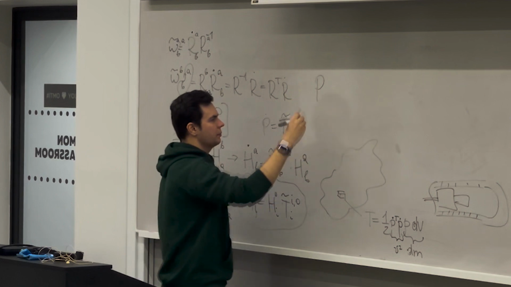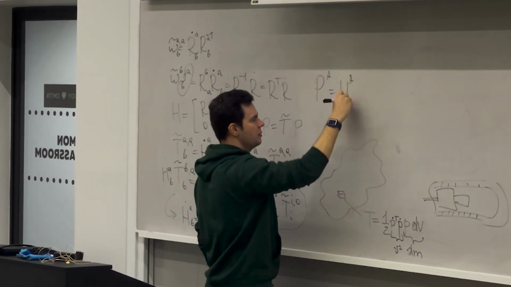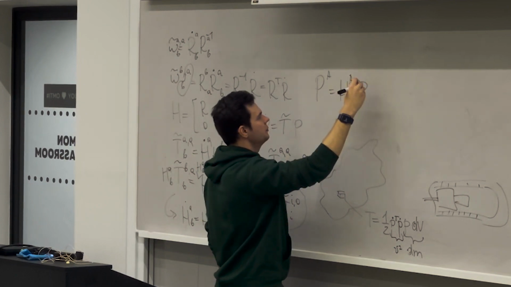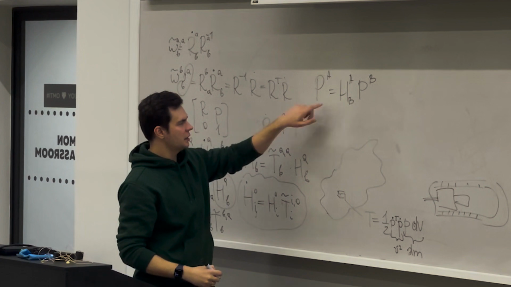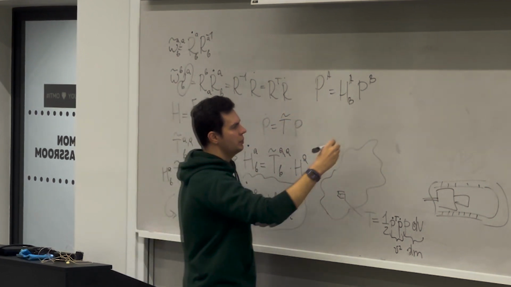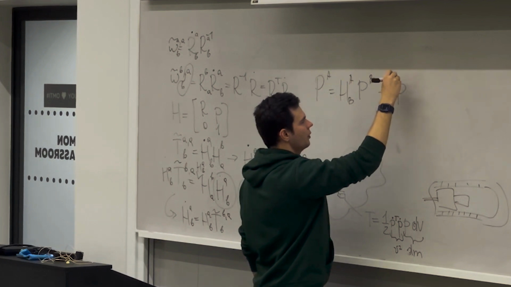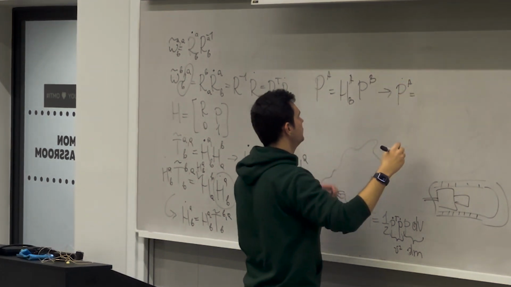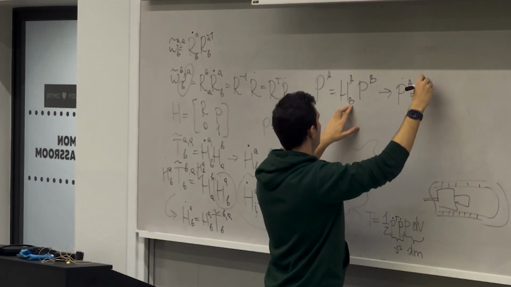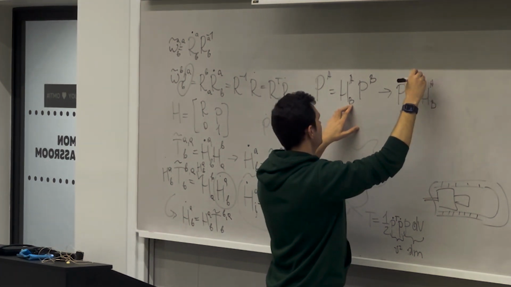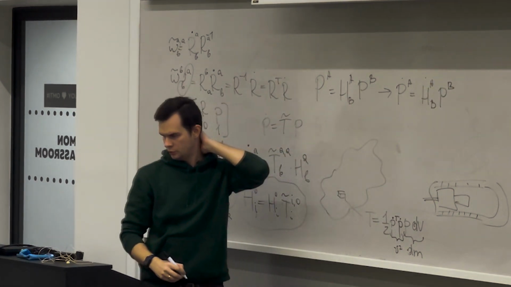P, for example, P A equals H AB P B, and if we take a time derivative of that, it will be P dot A equals H dot AB P B. Do you agree?